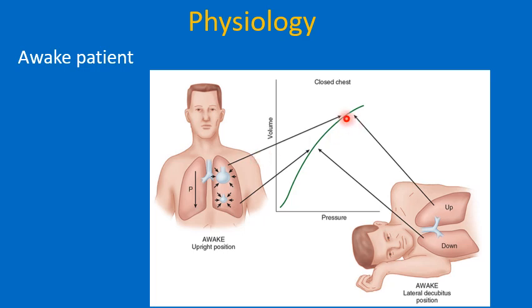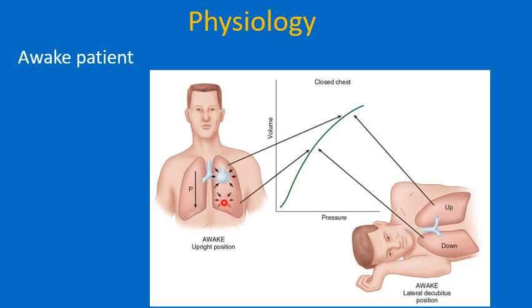They are on the plateau phase of the compliance curve. At the base of the lungs the alveoli are small and they are along the steep phase of the compliance curve, so they expand better. This means in an awake and upright patient, ventilation is better in the dependent areas of the lung.